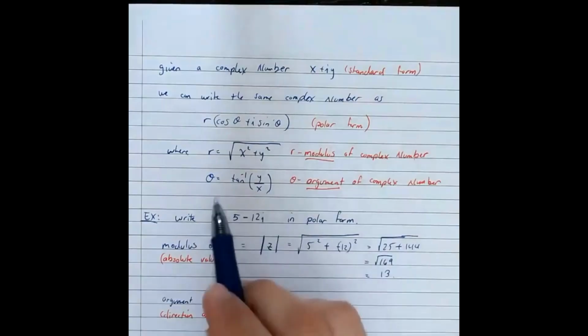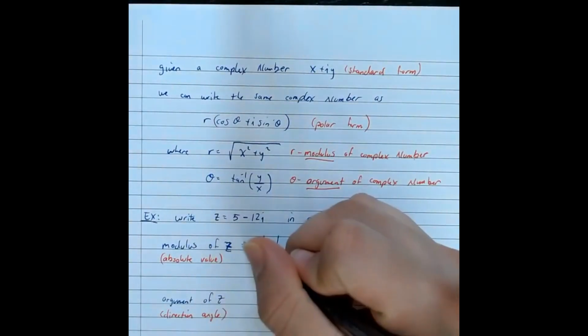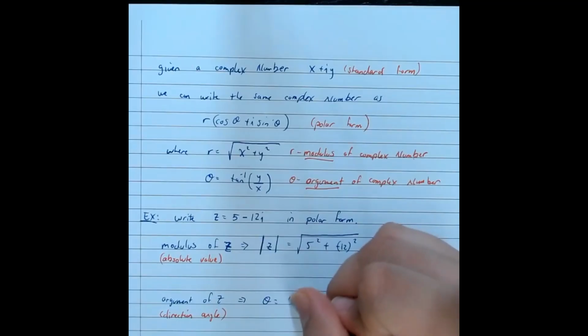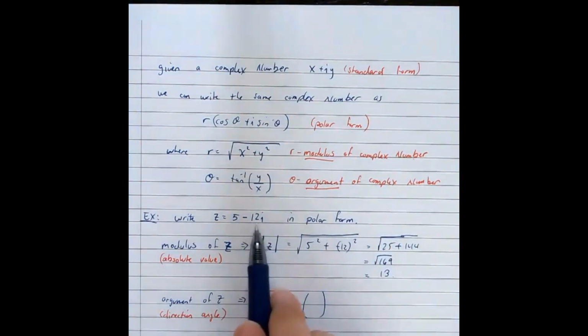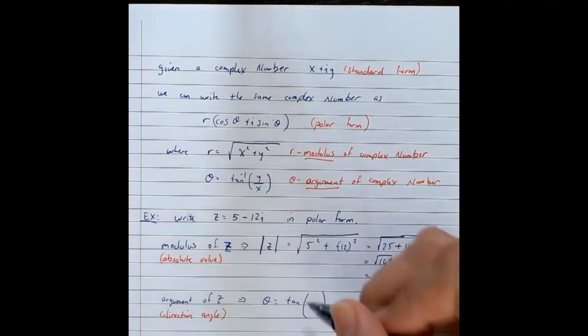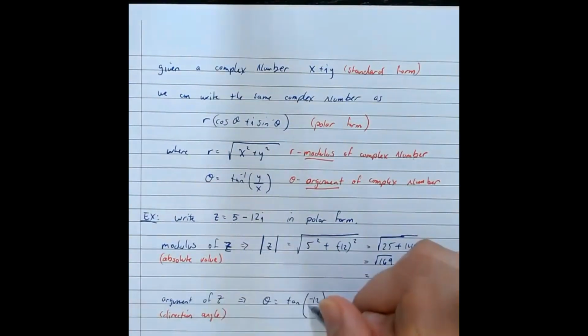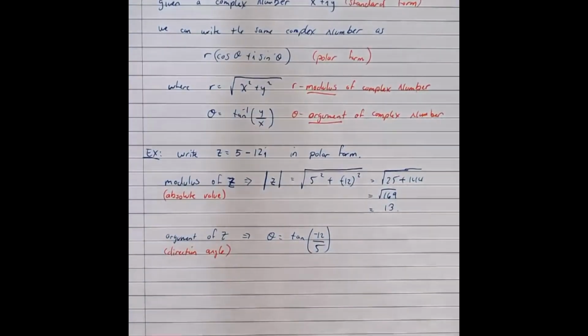And that's simply given by the inverse tangent of y over x. So here theta is equal to the inverse tangent of y over x. Here y is the second component, not including the i, just the number, negative 12, and x is 5.